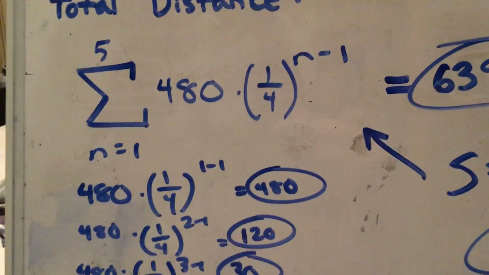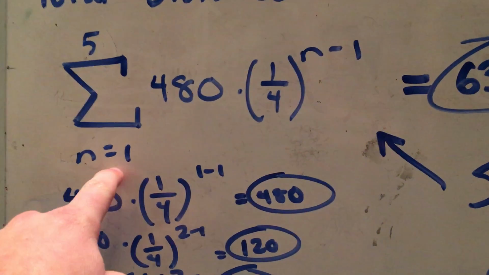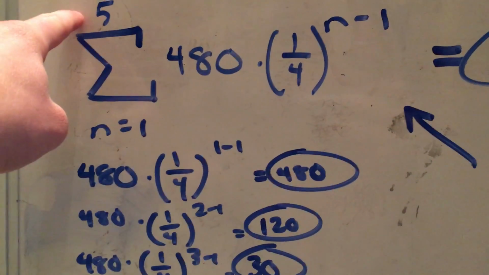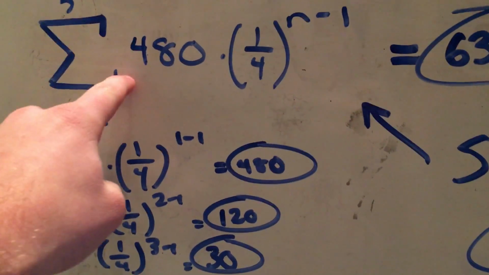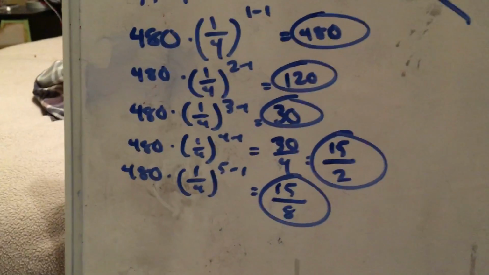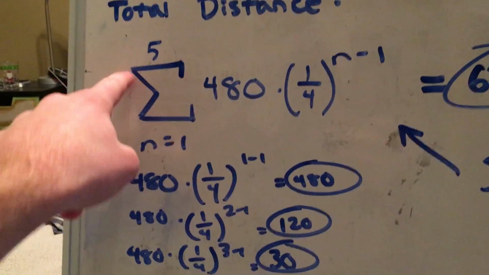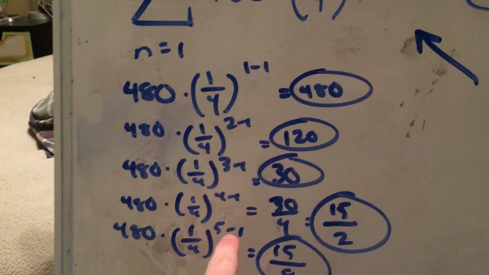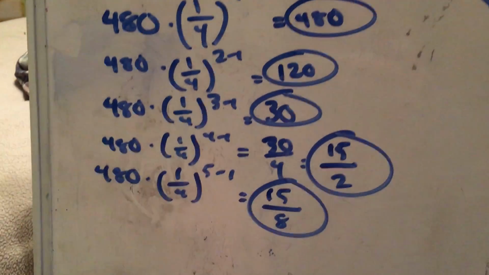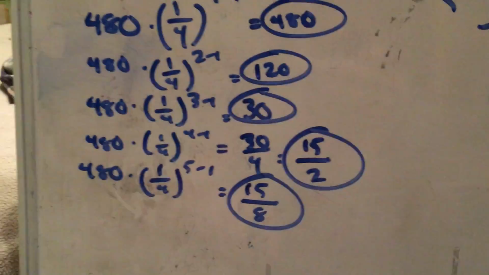For total distance, we start with our first term, n = 1, and we go to term 5. Then we have our geometric sequence here. We start at 1 and go to 5, so we plug in 1, 2, 3, 4, and 5 for n, solve them in our geometric sequence, and then add all of them up.